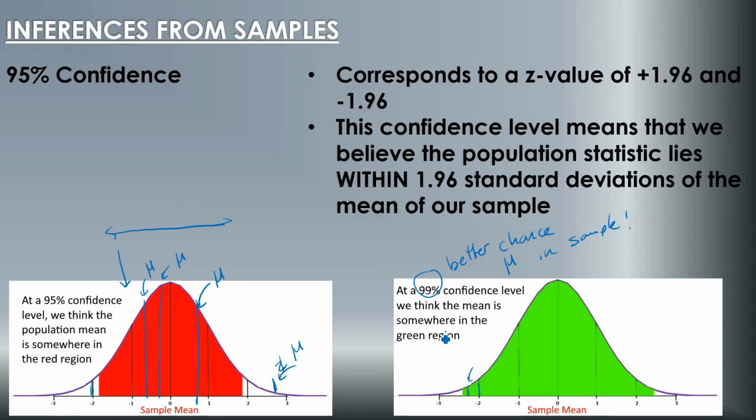But look at the area there. If our population mean is right here and our sample mean is right here, that's pretty far away. But still we have a better chance there with the 99% interval.